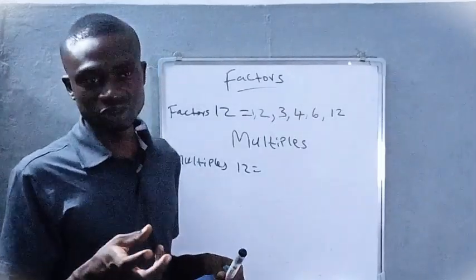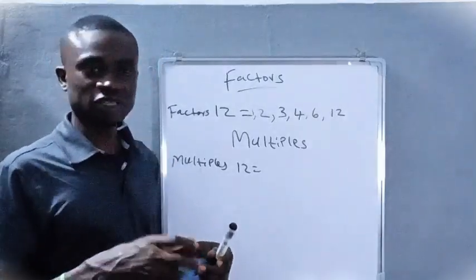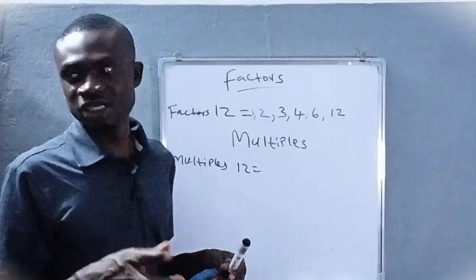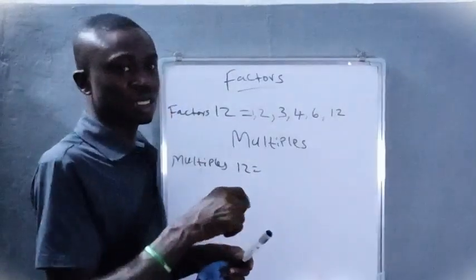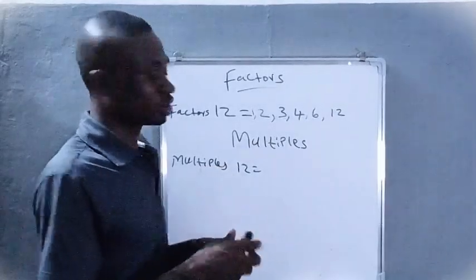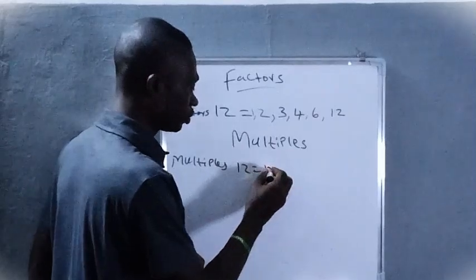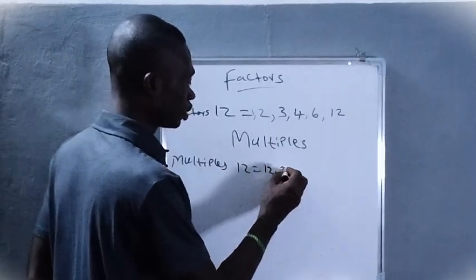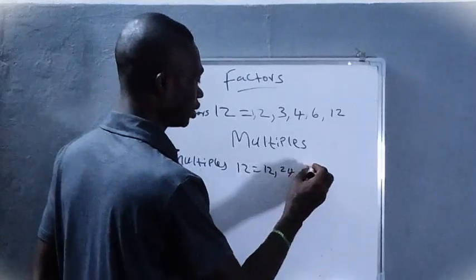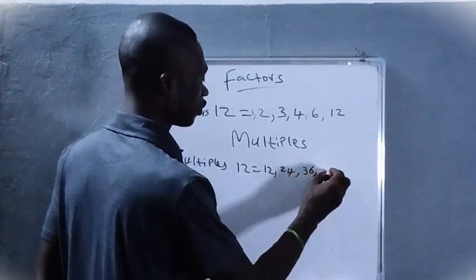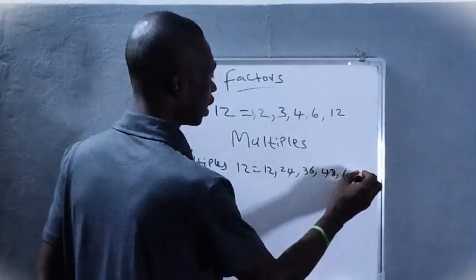They're talking about multiples. You hear 12 times 1, 12, 12 times 2, 24, 12 times 3, 36, 12 times 4, 48. That is multiples. So multiples of 12 include 12 times 1, which is 12, 12 times 2, which is 24, 12 times 3, which is 36, 12 times 4, which is 48, 12 times 5, which is 60, and so on.